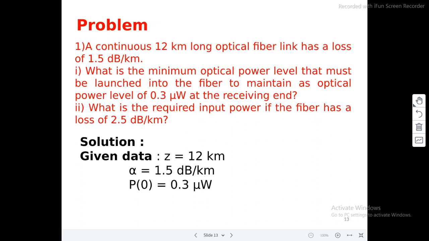A continuous 12 kilometer long optical fiber link has a loss of 1.5 dB per kilometer.